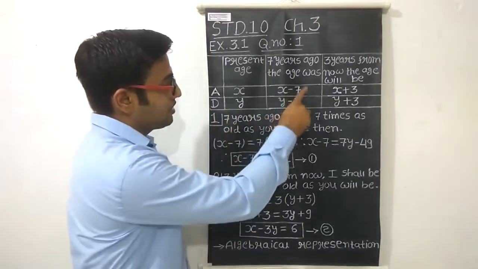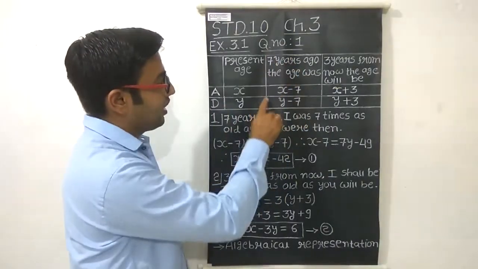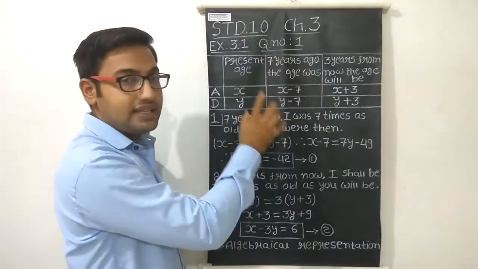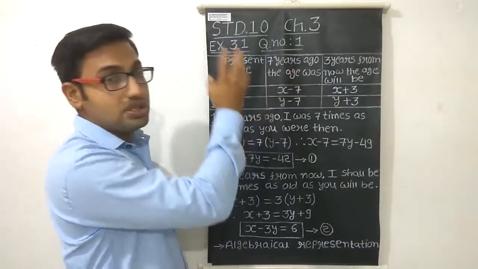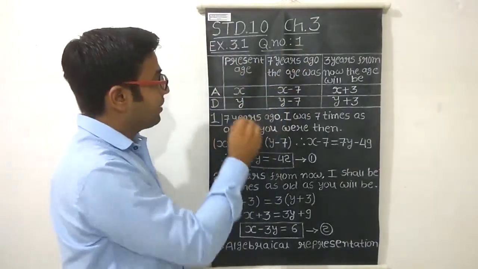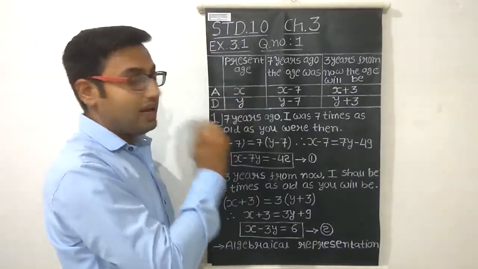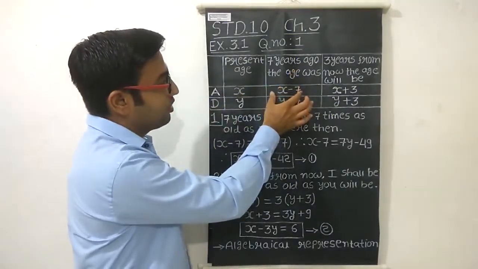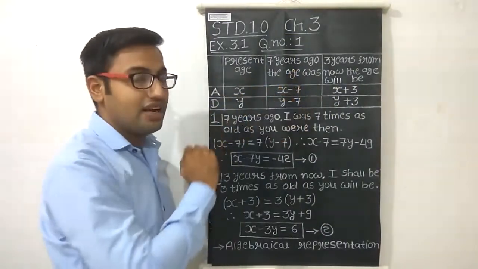Why do we subtract 7? Because here we are talking about the ages 7 years ago from the present time. So the present age is x and 7 years ago it was x minus 7 and y minus 7.